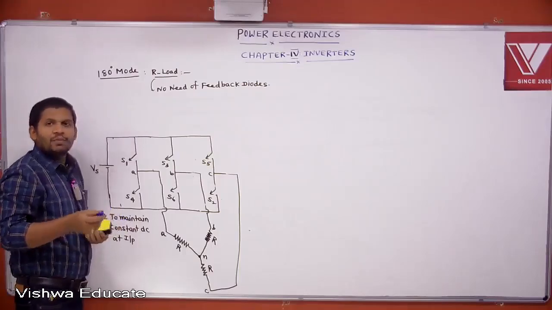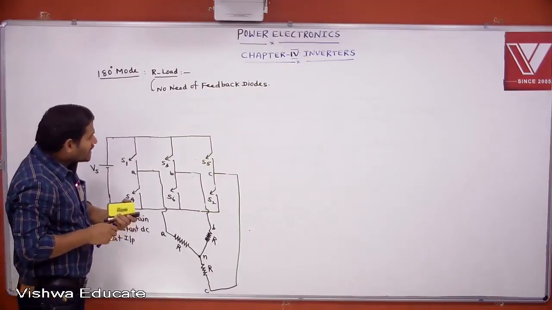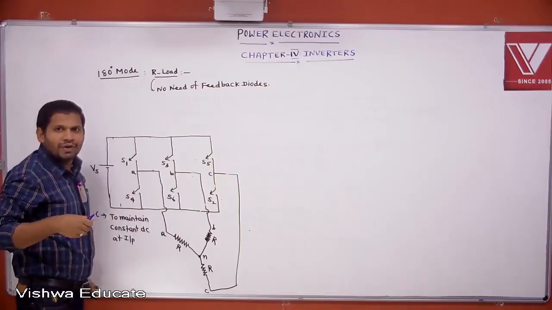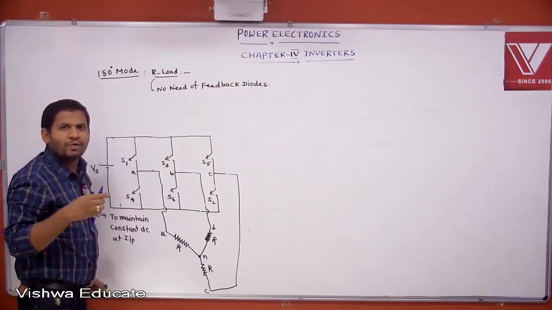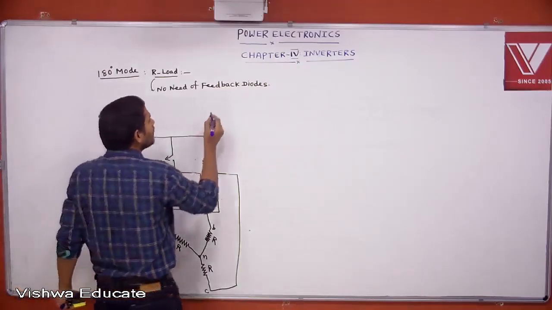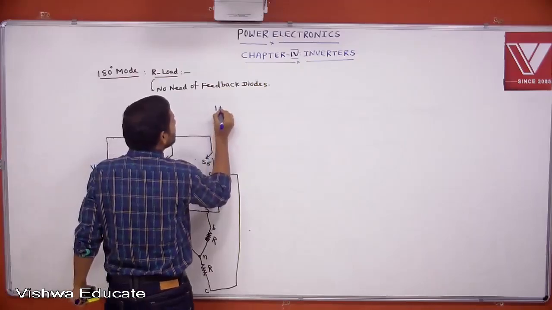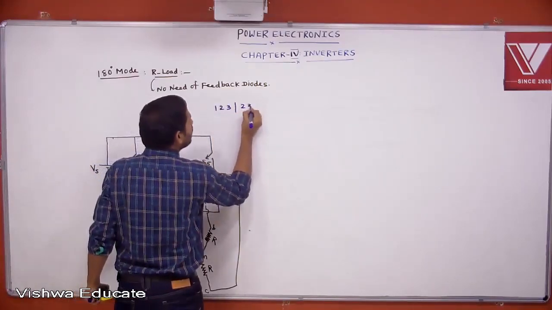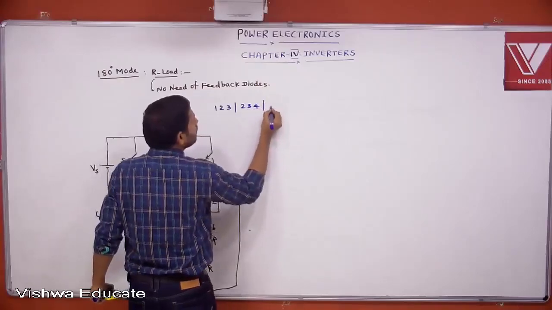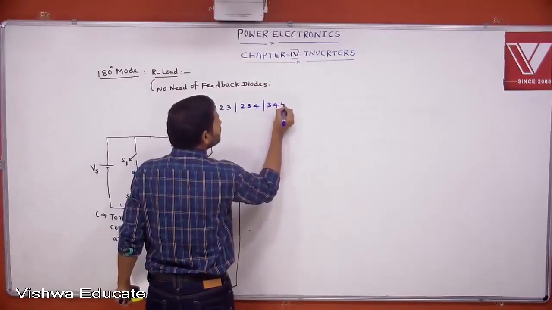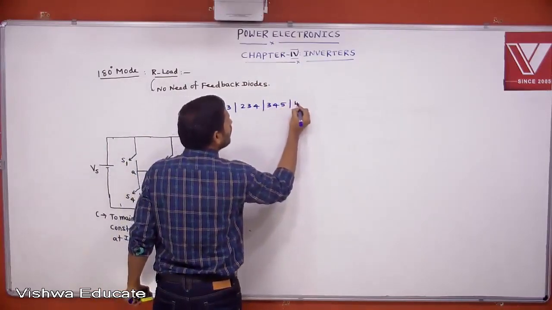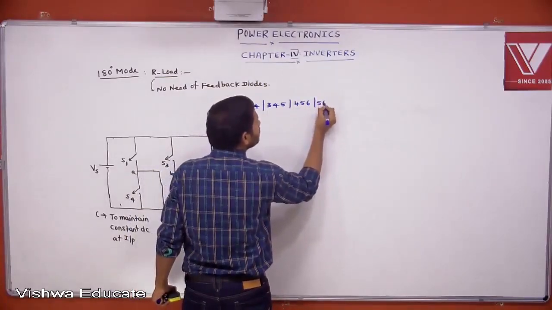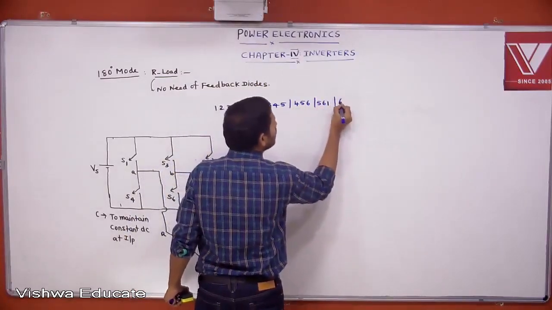In 180-degree mode, the conduction of devices is allowed like this. The conduction of devices is 1, 2, 3, then 2, 3, 4, then 3, 4, 5, then 4, 5, 6, then 5, 6, 1, then 6, 1, 2.